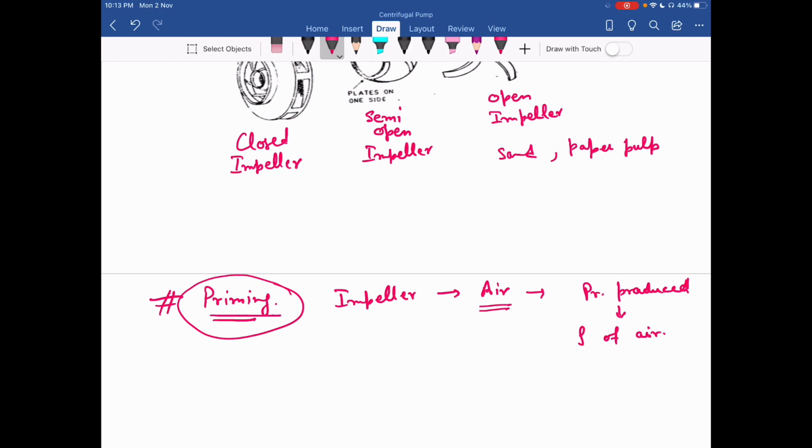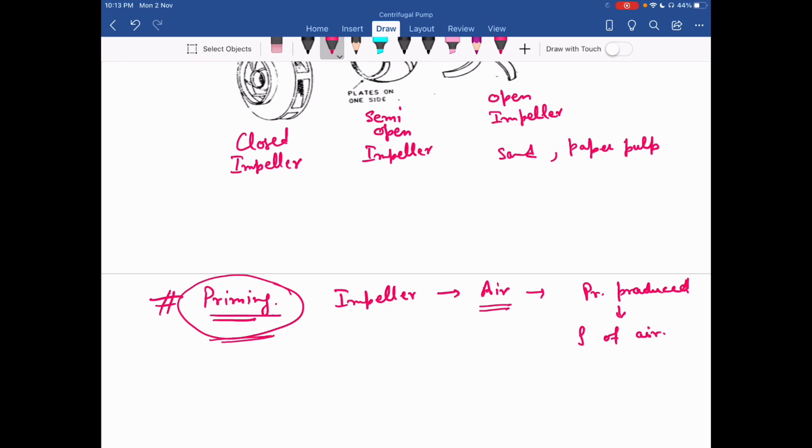So we first fill the impeller with water, and then when the motor starts, the head developed is with respect to the density of the liquid available within the impeller, and that is high enough to take water from the sump to the impeller and then from the impeller to the delivery side. So the removing of air from the impeller, that we call priming.